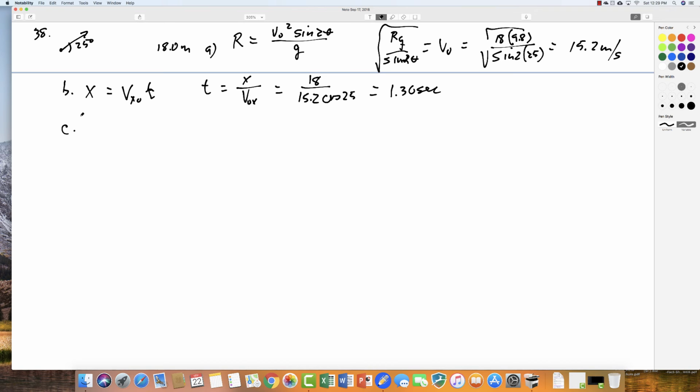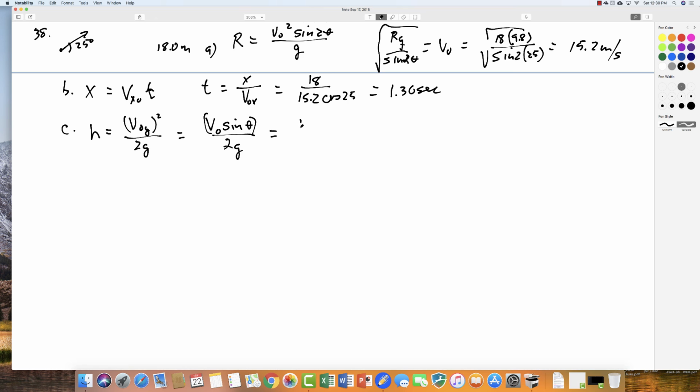Now part C asks the height of the ball. What is the maximum height? And again, we use that height formula, which says that the height is equal to the y component of the initial velocity squared over 2g. And so that's going to be the initial velocity times the sine of the angle of release, squared, over 2g.